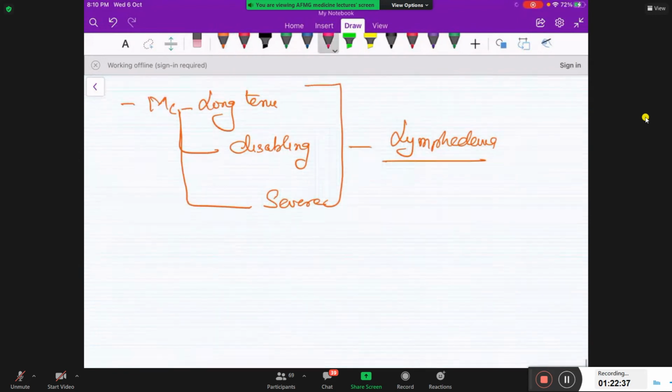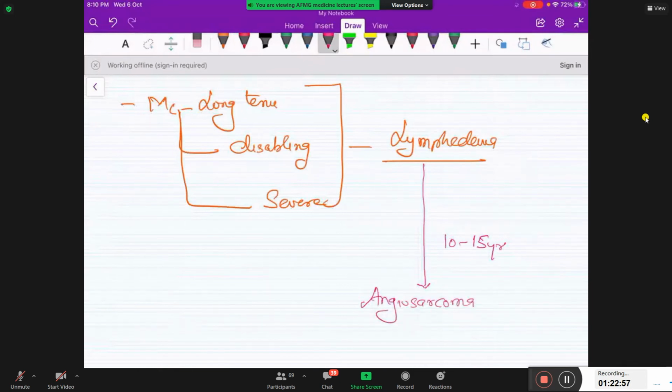And very, very important point to note, this lymphedema over 10 to 15 years will progress to angiosarcoma.